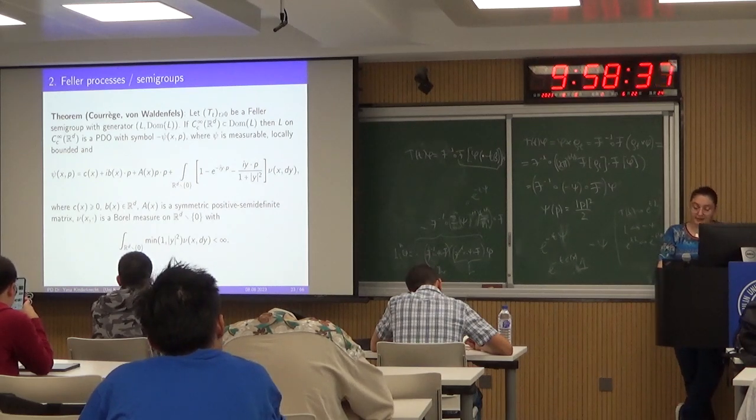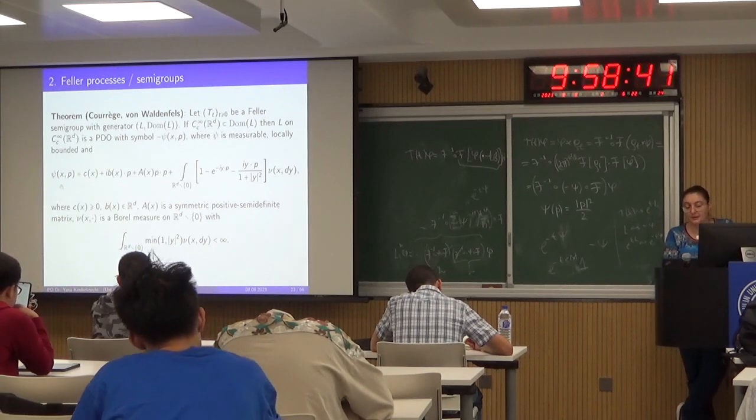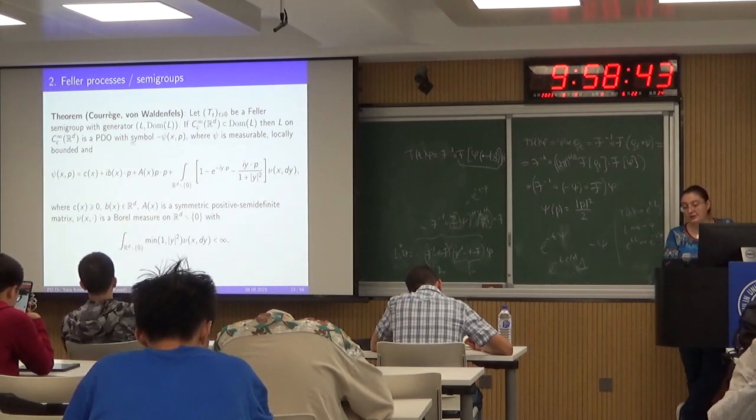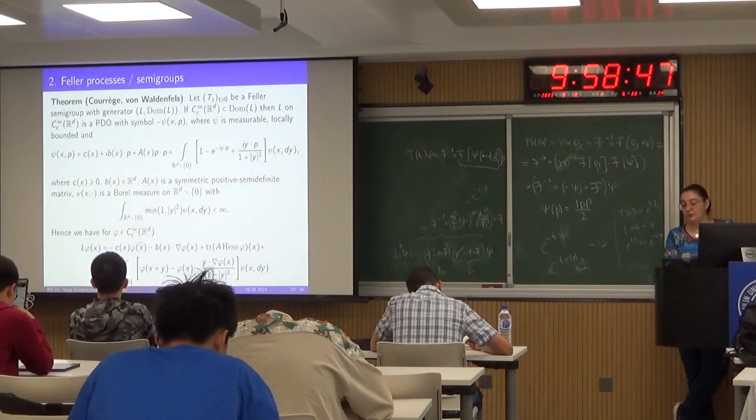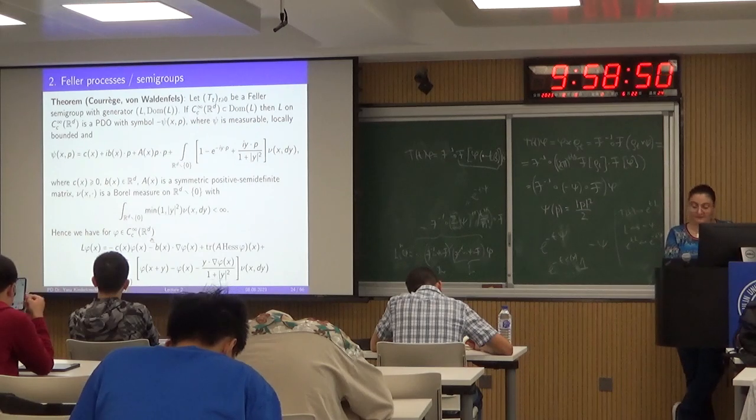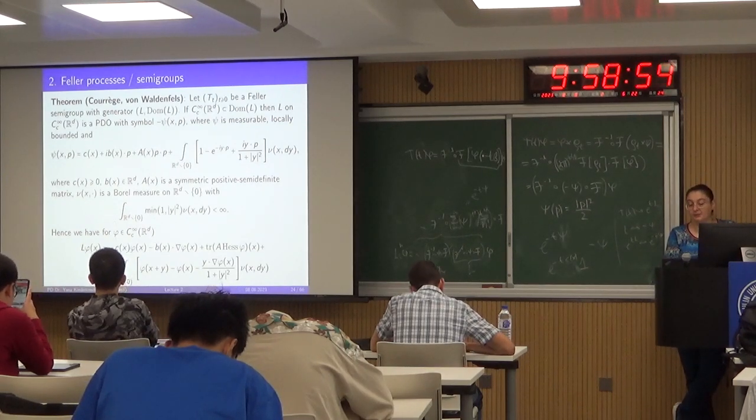So what is what here? First of all, yes, if we have this symbol, then the pseudo-differential operator with this symbol looks as follows. Of course, for good functions phi. So here we have just a multiplication operator for this term.